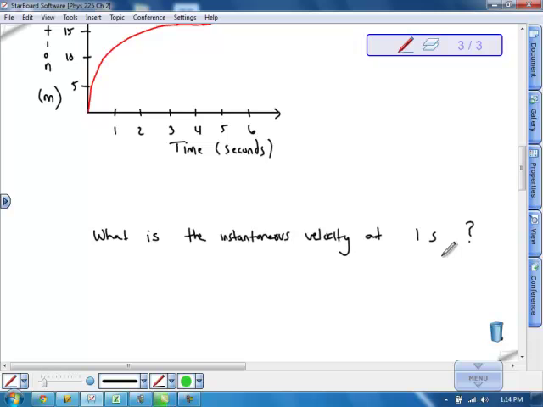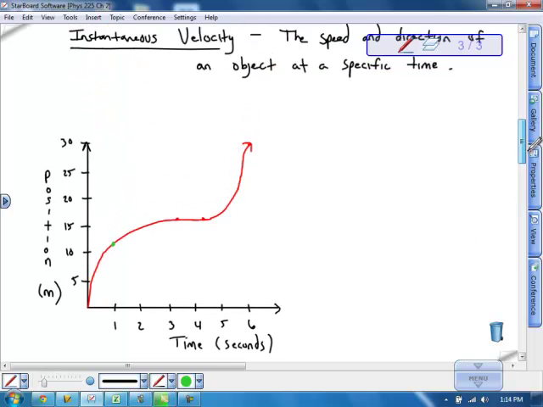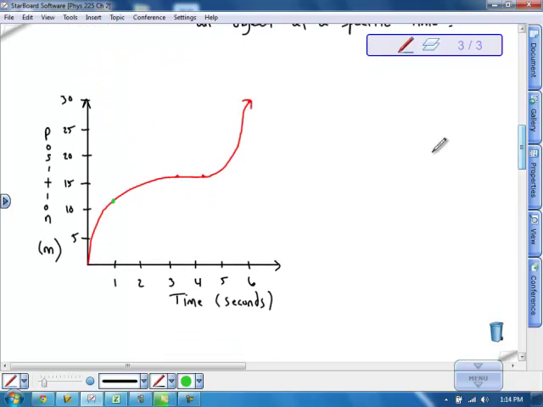For example, what's the instantaneous velocity at 1 second? Well, we don't know that. We don't know what the instantaneous velocity is at 1 second from this graph. We could find the average by doing this point and this point and finding the slope. That's not quite the instantaneous velocity. The instantaneous velocity is the slope at that point. Actually, it's the tangent line there. So we could draw that tangent line in and guess.